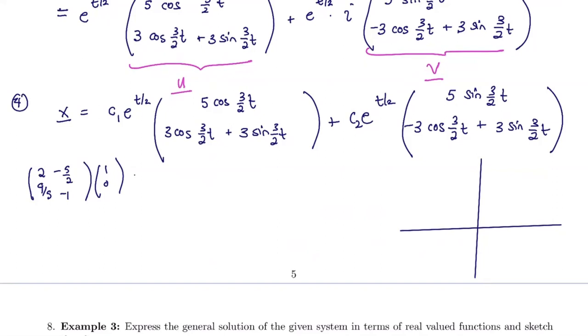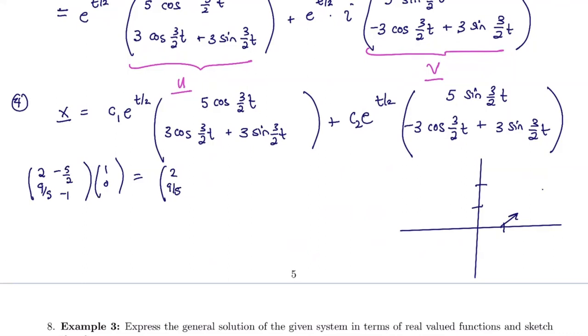So 1, 0, when I multiply it through, will give me the point 2, 9/5. So from 1, we will go up 9 over 5, which is almost 2, and over 2. So we are heading in the counterclockwise direction, and we're spiraling outward.